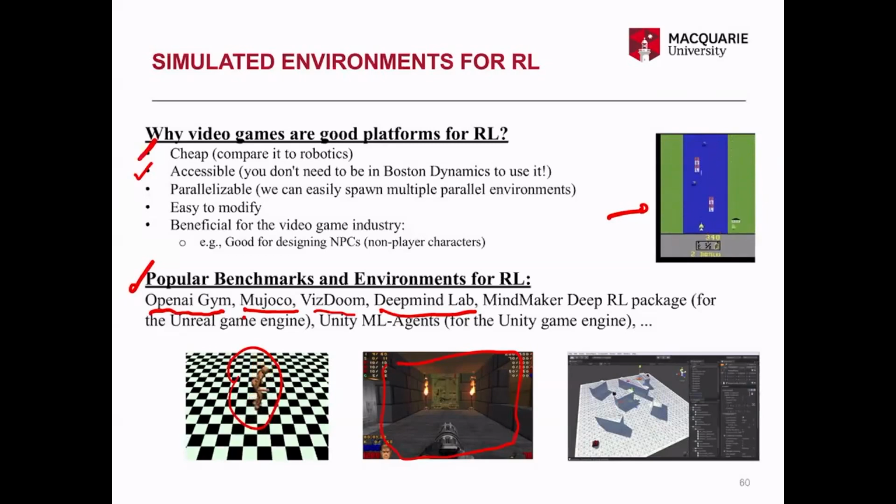You basically develop games with these. These are the real deal. You can just sit down and write a game from scratch with them. For Unreal, there's a deep reinforcement learning package called MindMaker, and for Unity it's ML-Agents. These are also used to develop NPCs and train them.